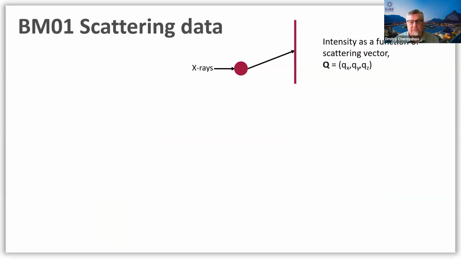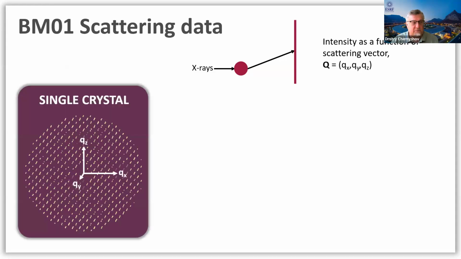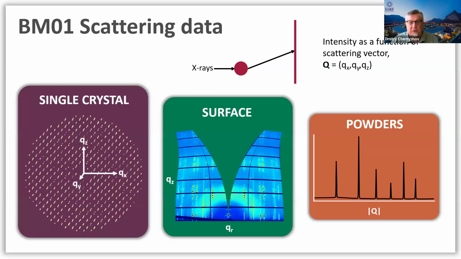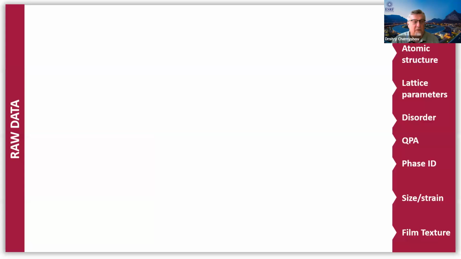The data which we measure is conceptually very simple. We measure intensity as a function of scattering vector and as a function of time and external conditions. But if we look closer, for a single crystal it's 3-dimensional data in Q space, for a surface it's 2-dimensional, and for powder it's 1-dimensional. So the data are very heterogeneous. Moreover, the pathway from the raw data to the final results, which is actually what users want, is quite complex.